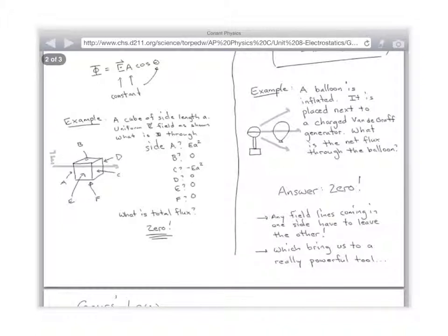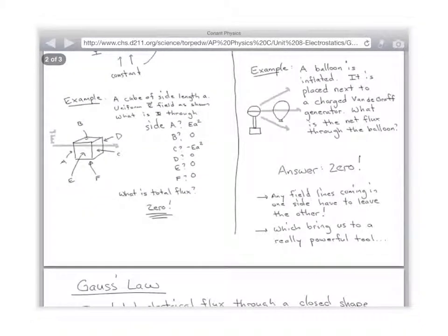All right, so let's keep going. This brings us to this super powerful tool called Gauss's law. We just derived Gauss's law, by the way. And Gauss's law is, if a field line passes into and out of a balloon, its contribution to the total flux is zero, right?